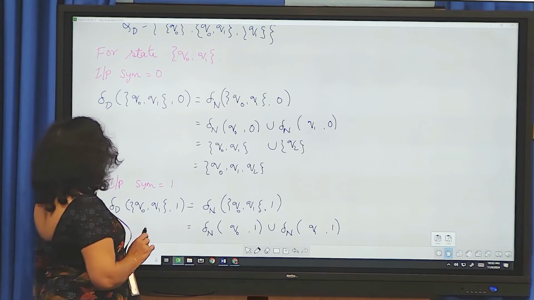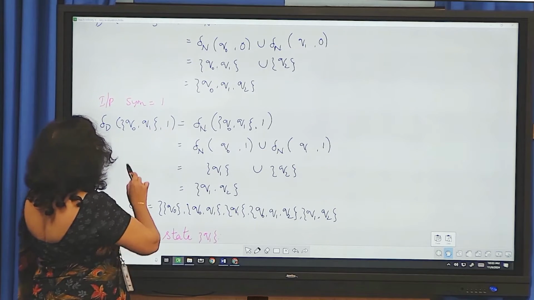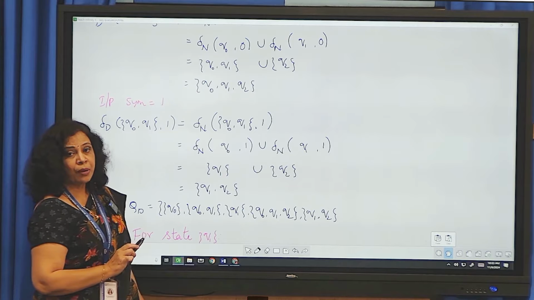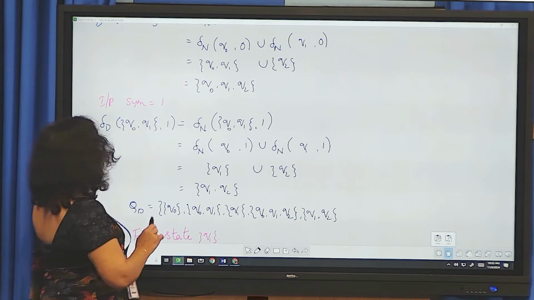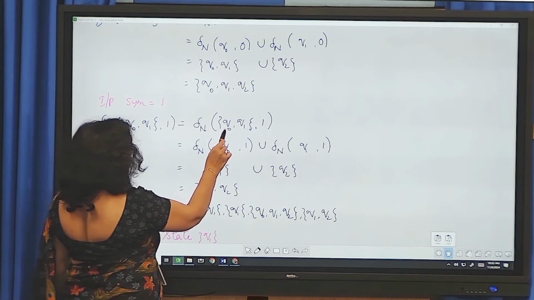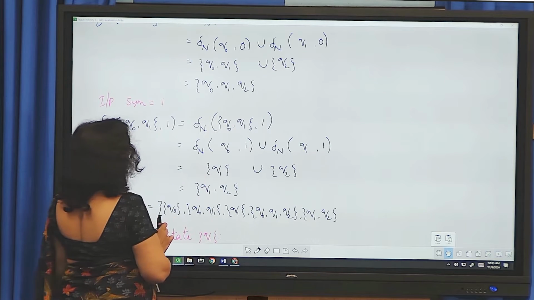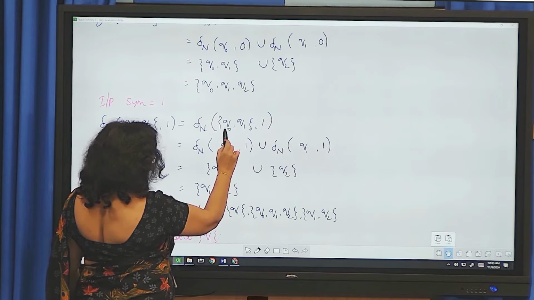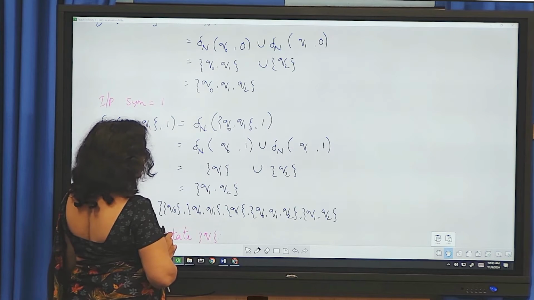Now, the same thing, that is delta D of Q0 Q1 on 1. We are going to apply the input symbol 1 now. This is equal to delta N of Q0 Q1 on 1. So, again we will take the union. We will split it into two separate functions.